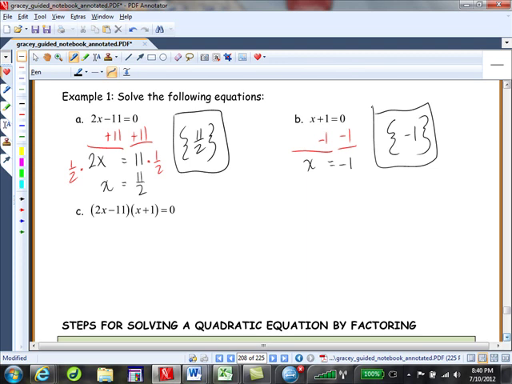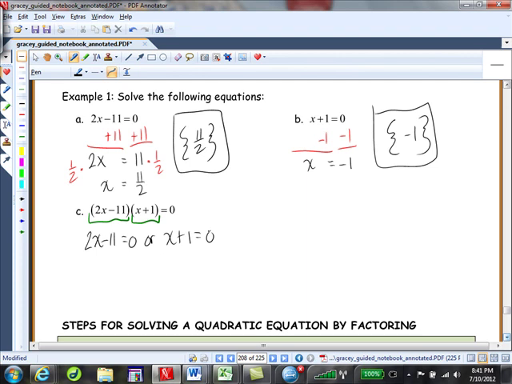You got it, the zero property. We're using the zero property to solve something that's going to end up being quadratic in form. So here, each of these are factors, and they're equal to 0. So therefore, to solve this equation, I would set 2x minus 11 is 0, or x plus 1 is 0.